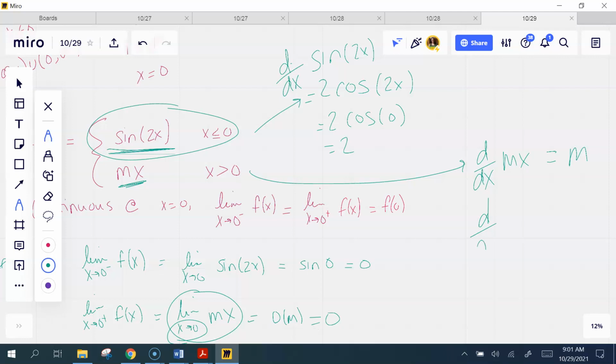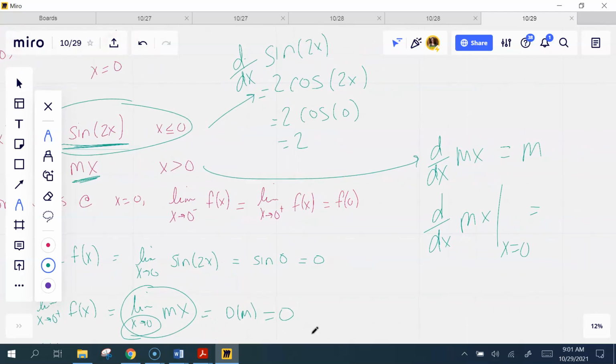So what's the derivative of mx at x equals 0? It's m. So the only time it would be differentiable is if m equals 2.